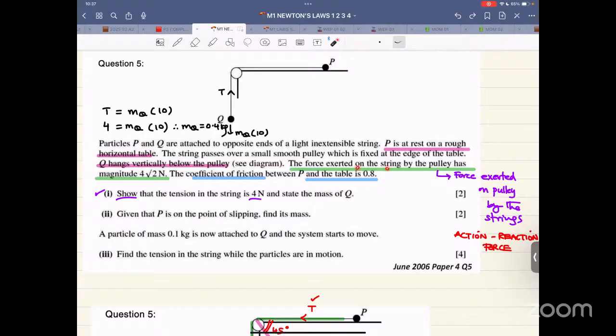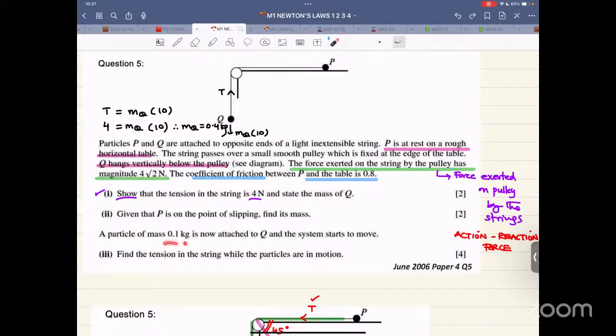Force exerted on string by pulley is the same thing as force exerted on pulley by the string. Got the idea? Show that the tension is 4 Newton, state the mass of Q. Given that P is on the point of slipping, find its mass.